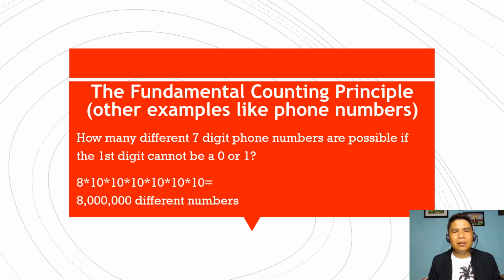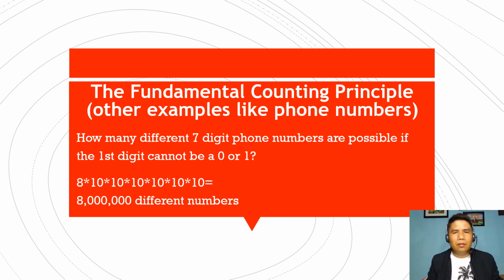That's why we have 8 times 10 times 10 times 10 times 10 times 10 times 10. You notice that there are 6 tens because that's for the second, third, fourth, fifth, sixth, and seventh digit. And our first digit could only be from 2 to 9. Now, you choose from those numbers.